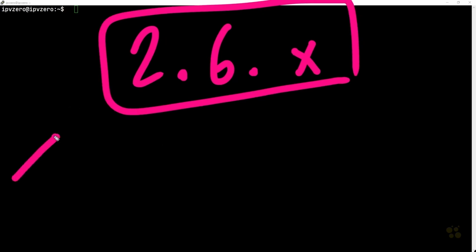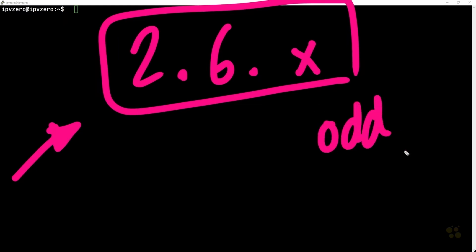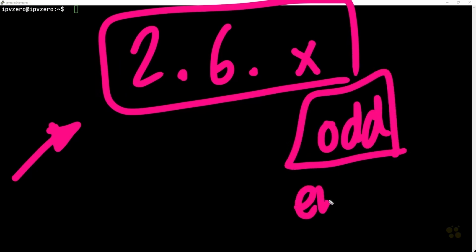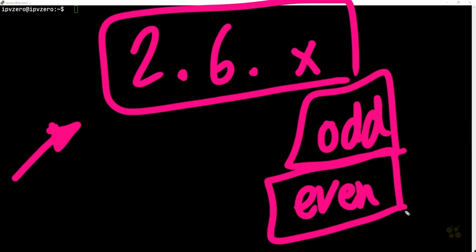Now before we actually reached version 2.6, there was some information baked into the numbering with respect to odd numbers and even numbers. What exactly am I talking about?